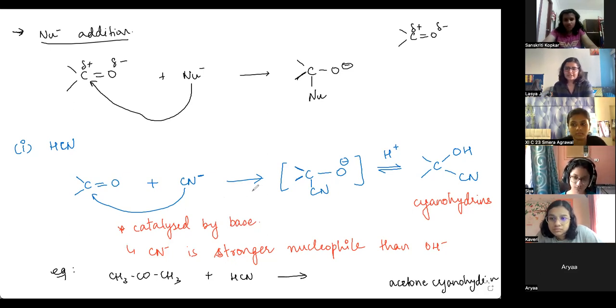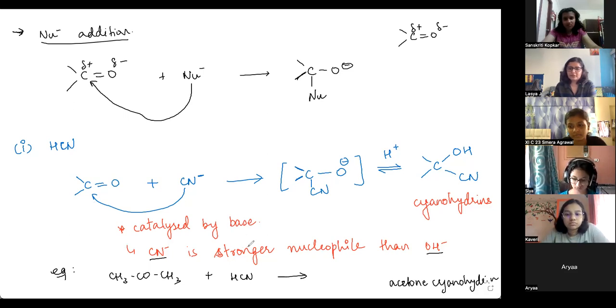OH minus just catalyzes it. Between CN minus and OH minus, CN minus is a stronger nucleophile, so that will be the one attacking the carbonyl group. And this is in the chemical properties, right? Yes, the first reaction we're looking at.